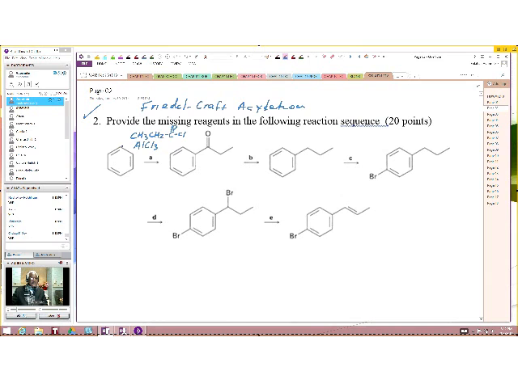What this will do is to substitute, replace this hydrogen here with this acyl group, and that is what you have here. Very good.